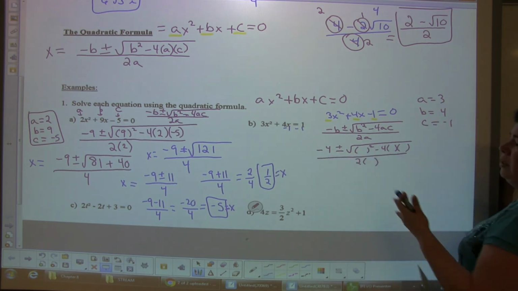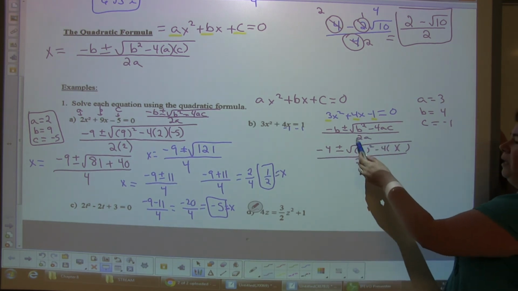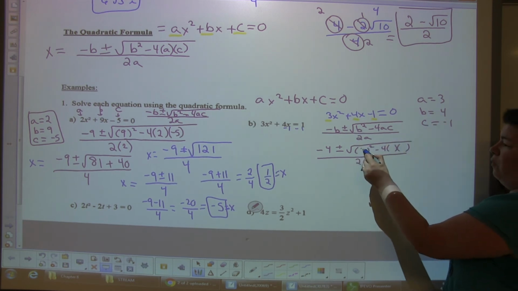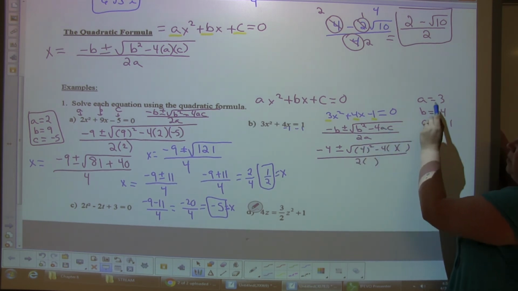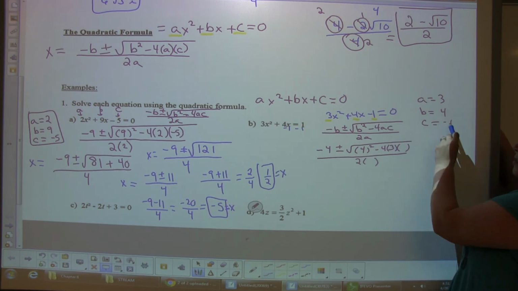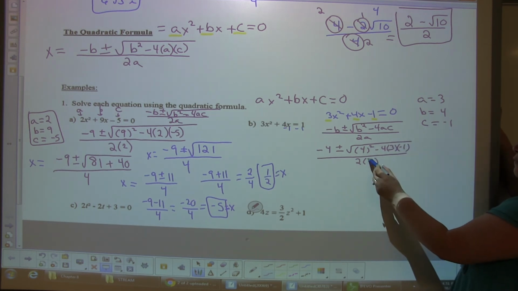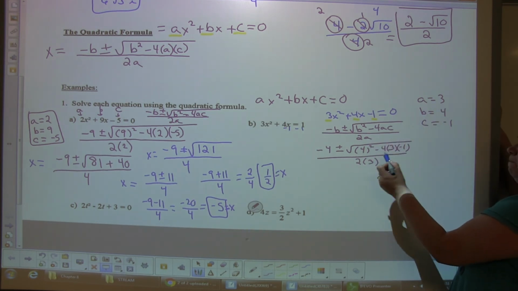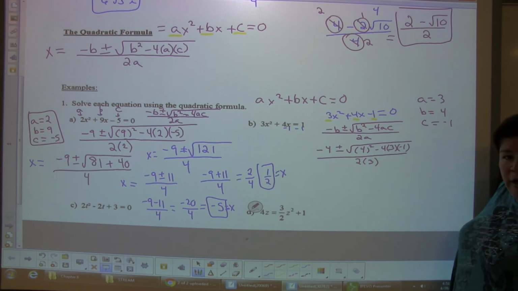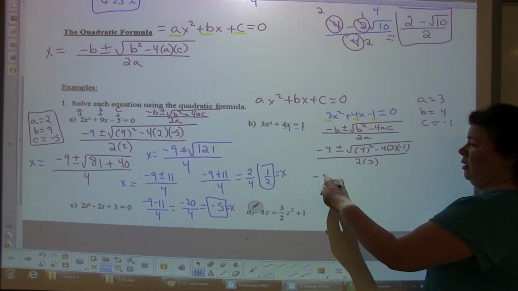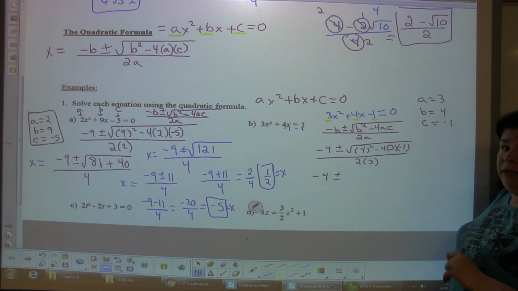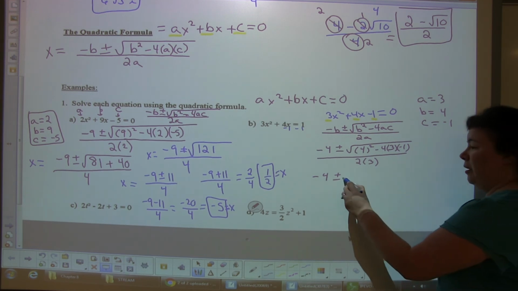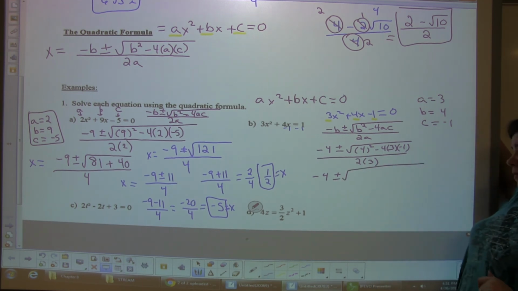So we're going to purely substitute in, for my b value, I'm going to substitute in 4. For a, I'm going to substitute in 3. And for c, I'm going to substitute in -1. And for a, I'm going to substitute in 3. You can use your calculator at this point, or you could, this whole chapter, by the way, you can finally use your calculator. Okay, I know some of you are happy about that.